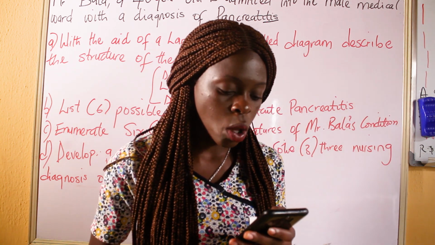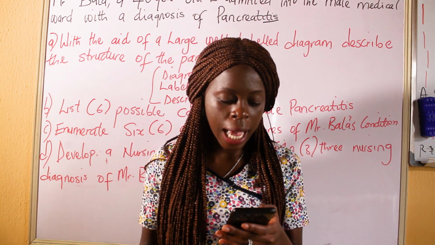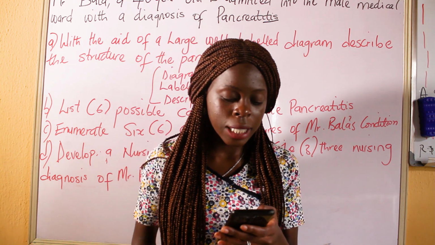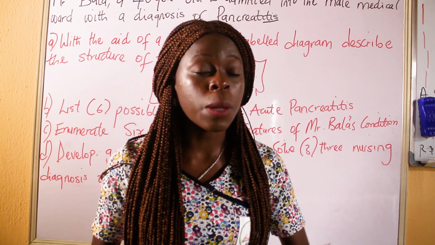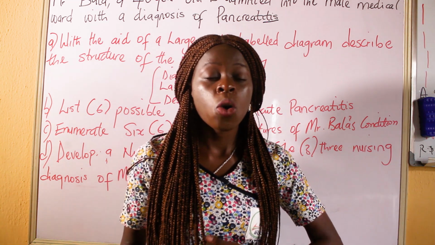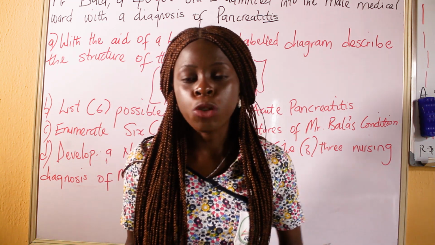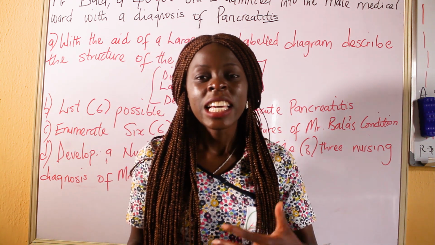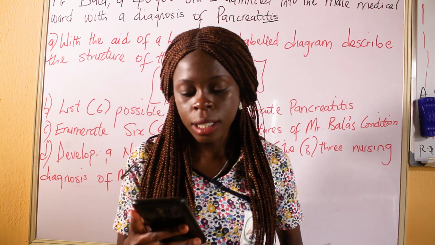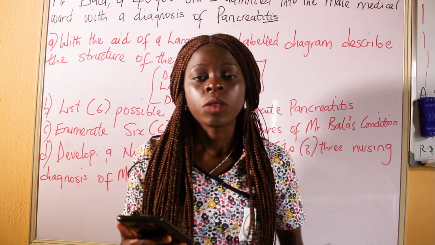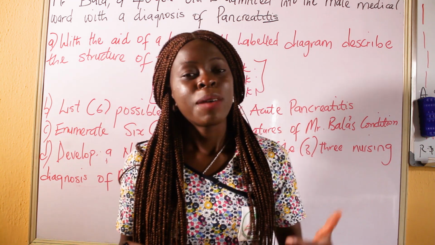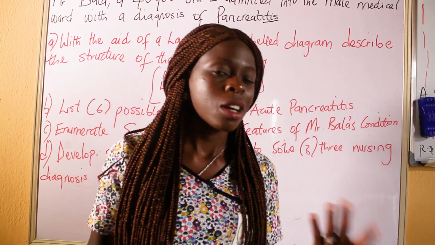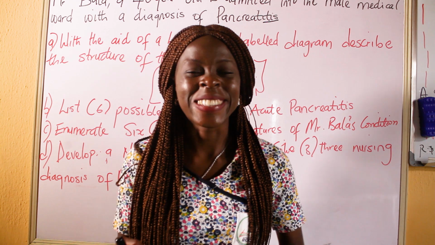Then metabolic disorders can also result in that. Infection, especially viral infection, mumps, can also result in that. Abdominal injury: you know the pancreas is in the abdomen, so if there is trauma to the abdomen where the pancreas is located, it can lead to pancreatitis. Then abdominal surgery: maybe something happened during the abdominal surgery, that can lead to pancreatitis.